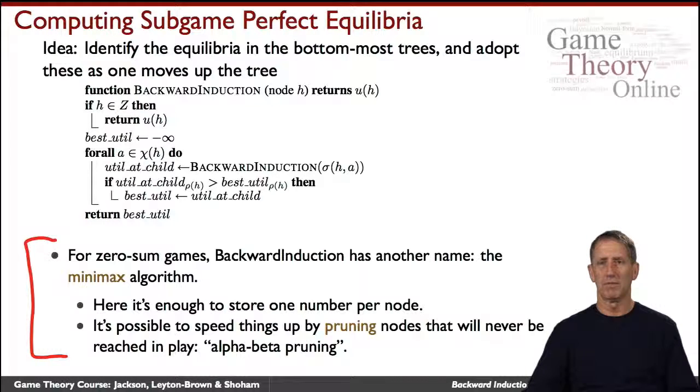You've already found a value that means that the parent node you're examining will never be visited. It's called the alpha beta pruning procedure, an optimization of the backward induction or the minimax procedure for zero-sum games. And you are invited to explore it elsewhere.